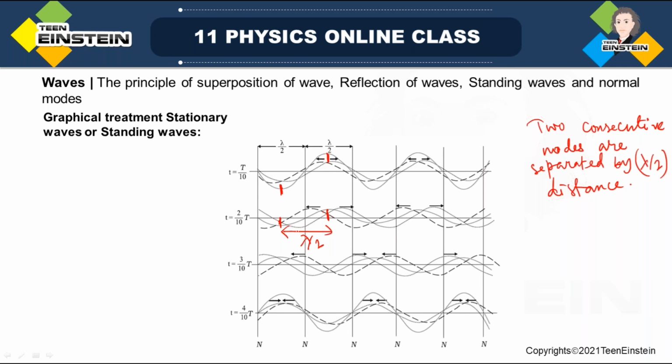They are away from each other by half of the wavelength. So for nodes and antinodes, both, we can say two consecutive nodes or antinodes are separated by lambda by 2 distance. So this is what we can say from here.